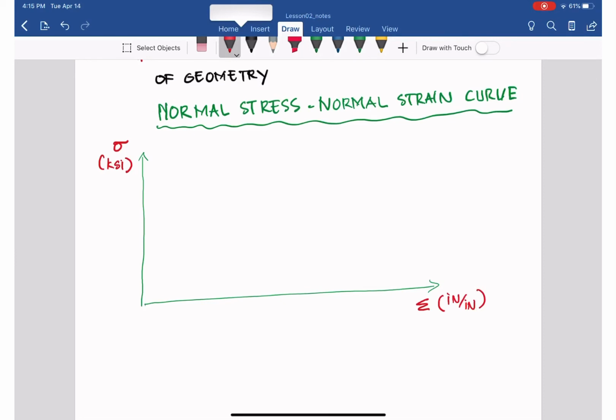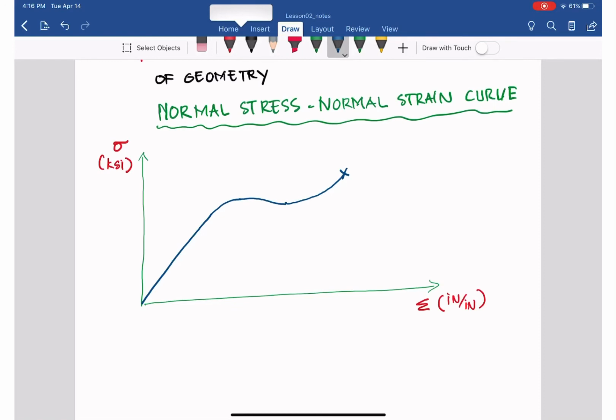So what is the typical behavior of a material? Let me draw it generally like this. At the beginning the relationship is straight, so it's a linear relationship, and then it goes up to the top, then falls down a little bit, and if you continue to apply the load, at some point it will fail. Basically the material breaks, and after that no more stress can be applied to produce elongation because the material is already broken.